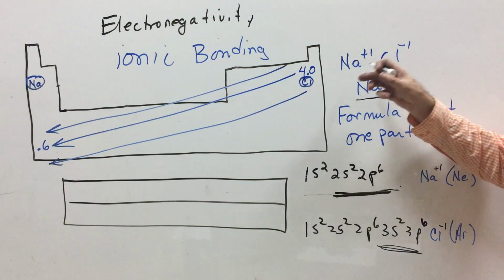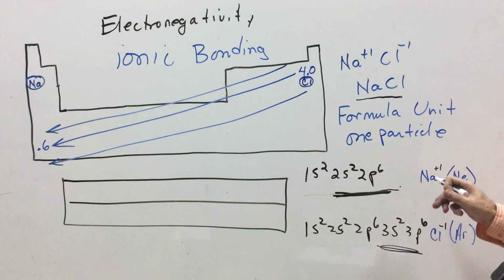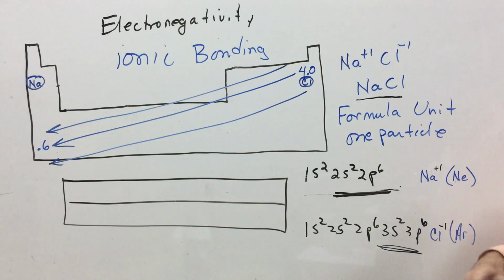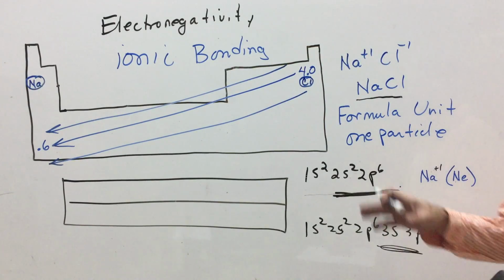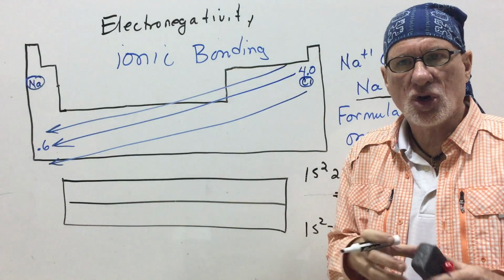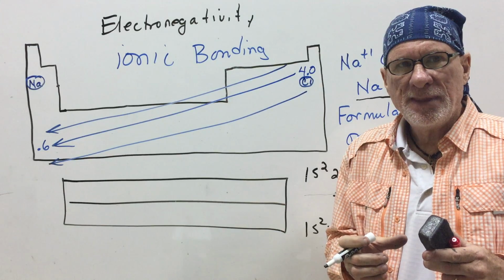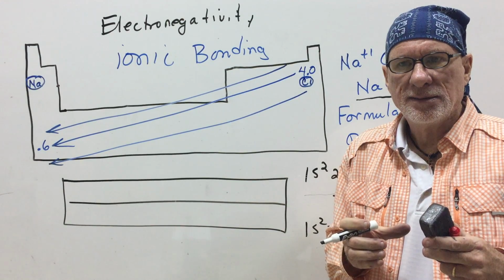You get the transfer of the electron, the actual transfer, you get the new valence shell of a noble gas. It has to do with differences in electronegativity. The greater the difference, the more ionic character it has. And it's very gray.